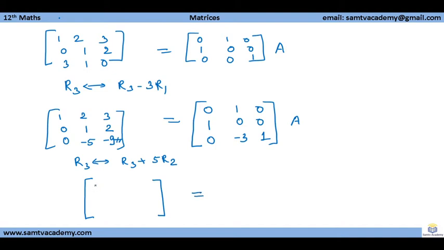R1 and R2 will be written the same, 1 2 3, 0 1 2. Last is R3 plus 5R2.